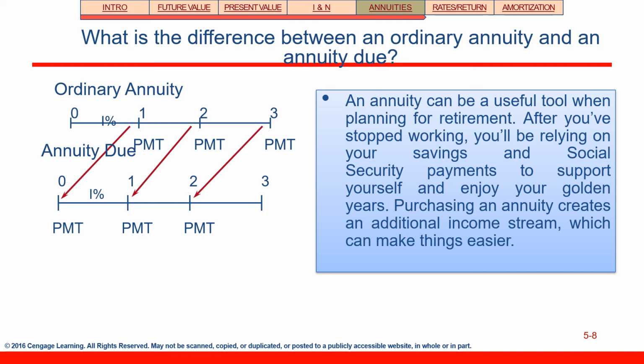An annuity can be a useful tool when planning for retirement. After you stop working, you will be relying on your savings and social security payments to support yourself and enjoy your golden years. Purchasing an annuity creates an additional income stream which can make things easier.